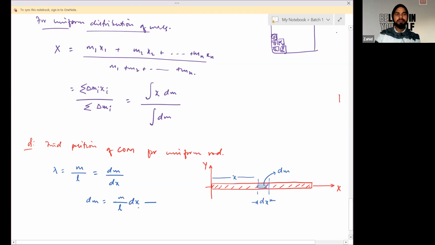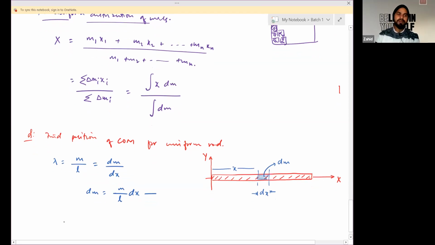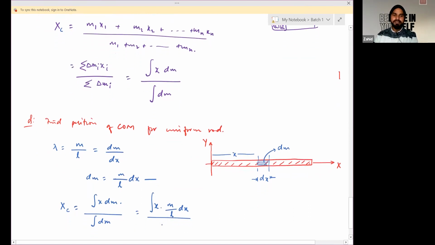Now, use this in the above formula. You will get the x position of the center of mass equals the integration of x times dm divided by the integration of dm. If you put the value of dm, M by L times dx, integration, divided by the integration of M by L times dx.